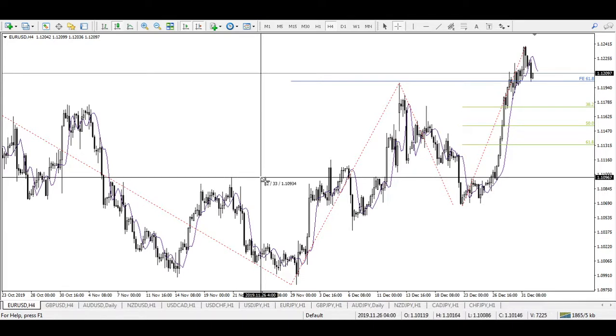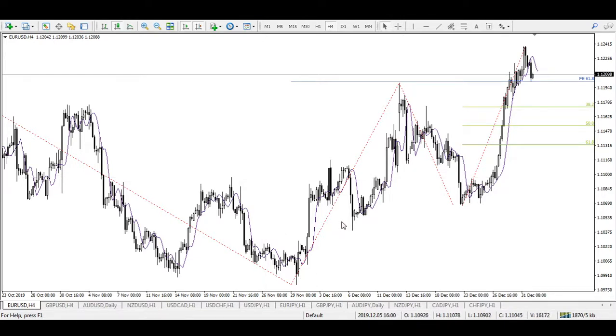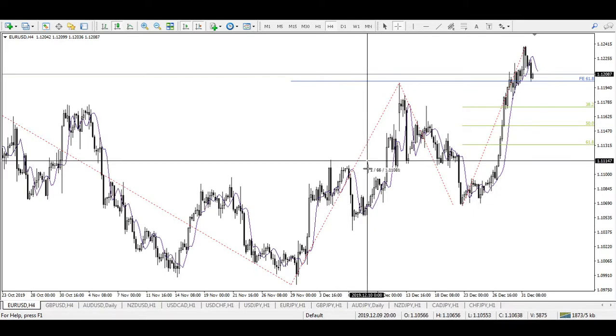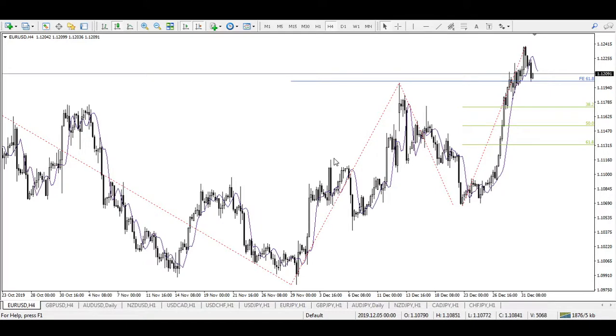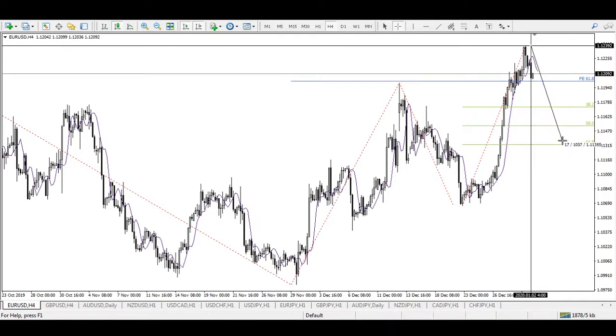This was 116 pips. Therefore, I expect that the market will at least make a retracement of 77 pips. This was the smallest retracement. So if we count 77 from the top, it will come around this 50.